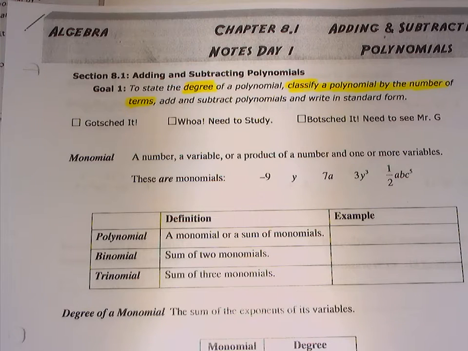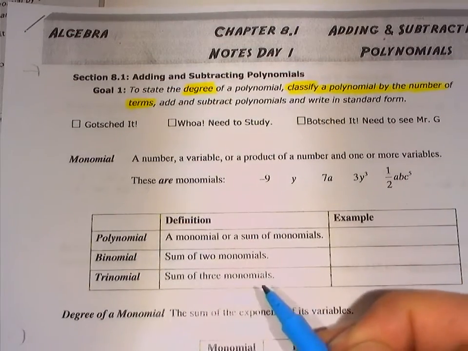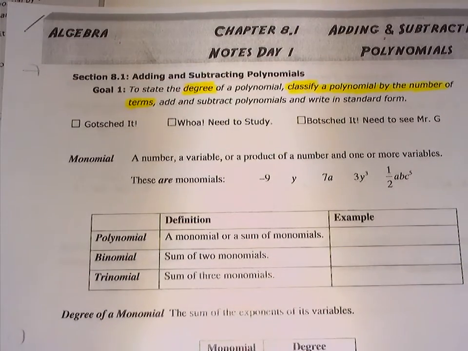Terms are separated by pluses and minus signs. So a monomial has one term: -9, y, 7a, 3y cubed, and 1/2 a, b, c to the 5th. These are all monomials.